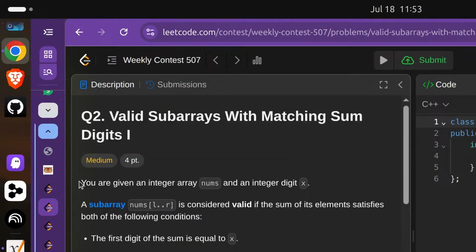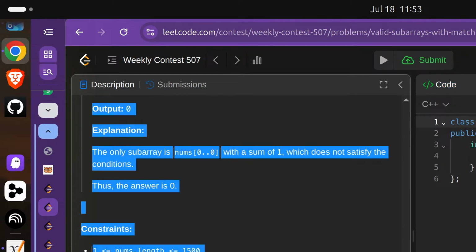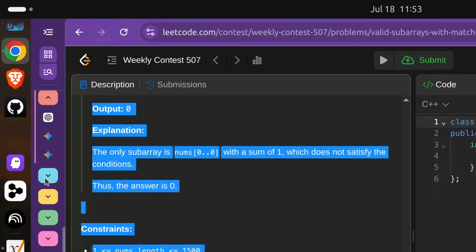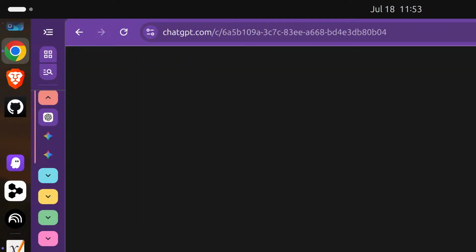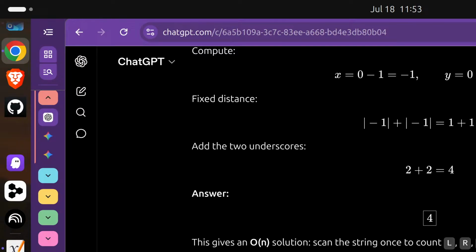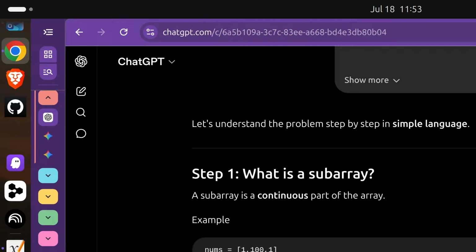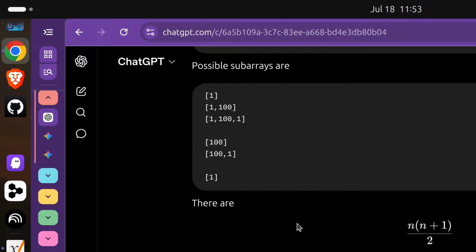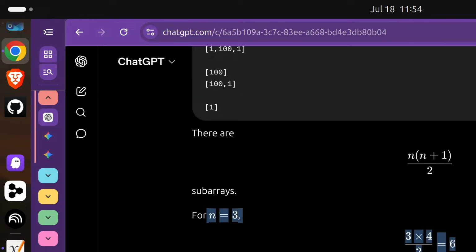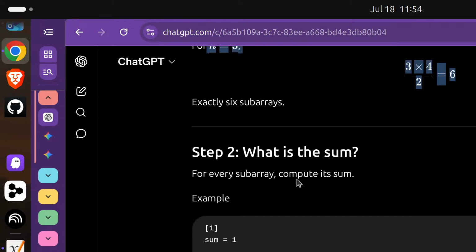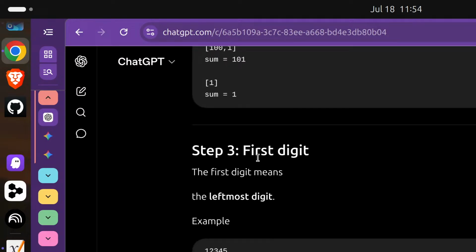So let's check this. I am not getting any idea about this, so let's see. We are in a subarray and the first digit is like this.